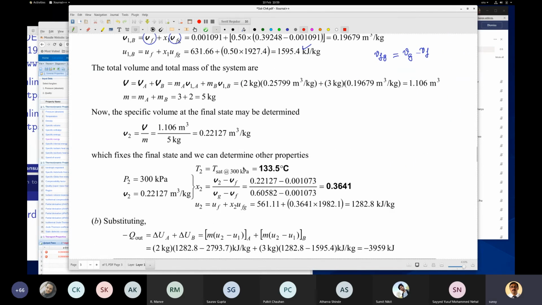Once the specific volume is known, you know the pressure also, and you know the saturation temperature.